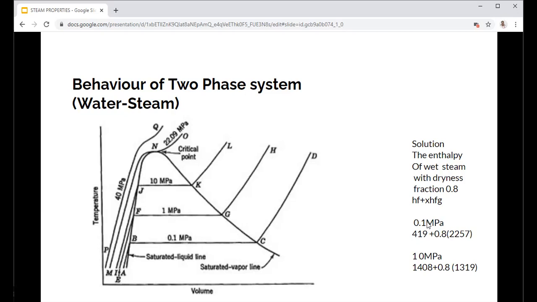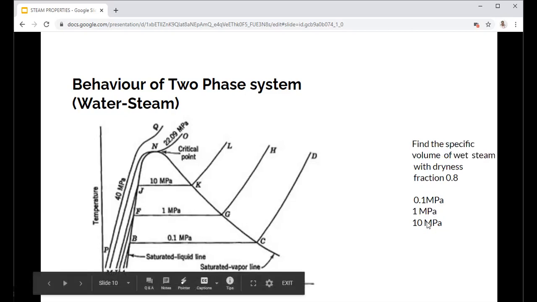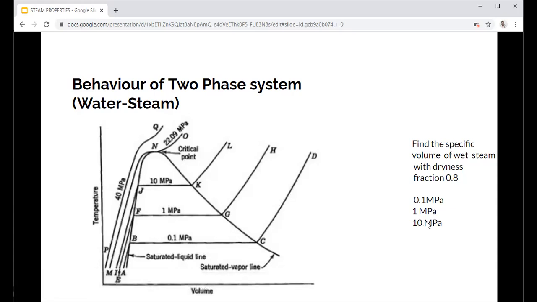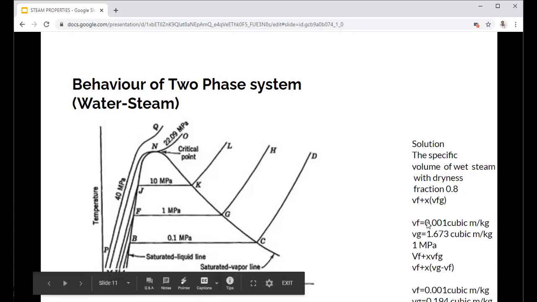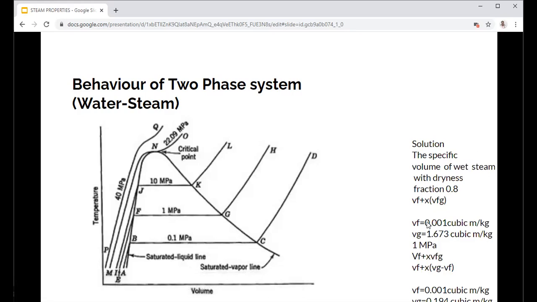Similar expressions can be used to find the specific volume of wet steam and specific entropy of wet steam. For example, if the specific volume of wet steam is to be determined at 0.1 megapascals with the dryness fraction 0.8, we need to find the specific volume, Vf, at 0.1 megapascals, which is 0.001 cubic meter per kg, and the Vg value you can find as 1.673.